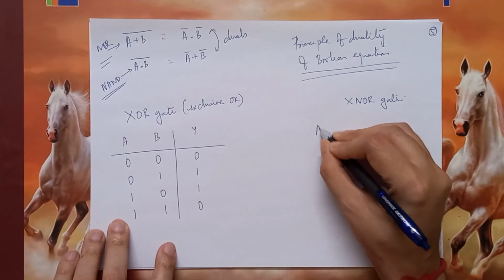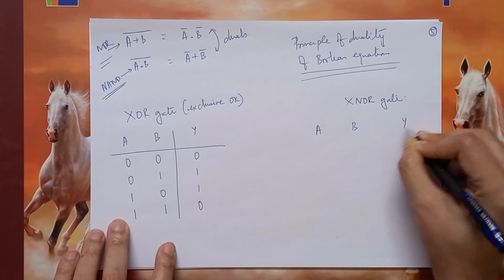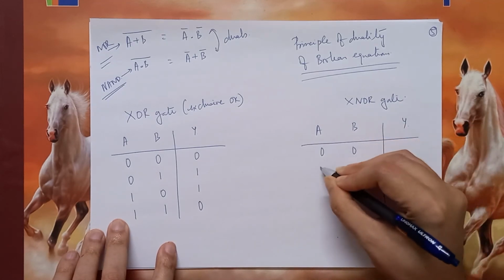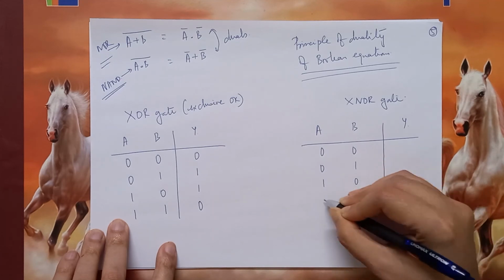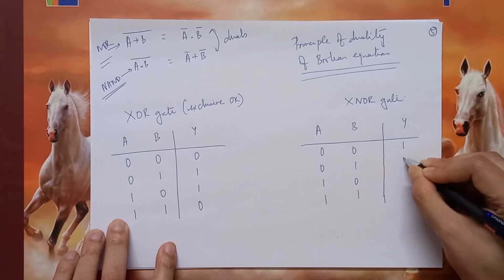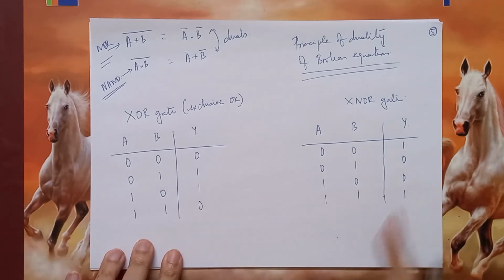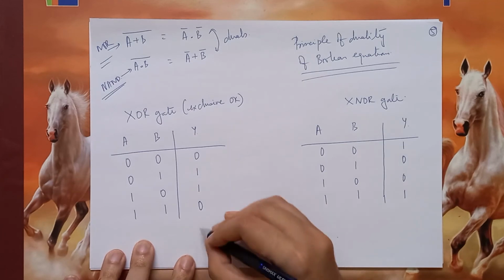And the XNOR gate is similar to a NOR in the sense that the outputs for the first three cases are exactly like those of a NOR gate, but the last one is a 1. So XOR and XNOR are also complements of each other.